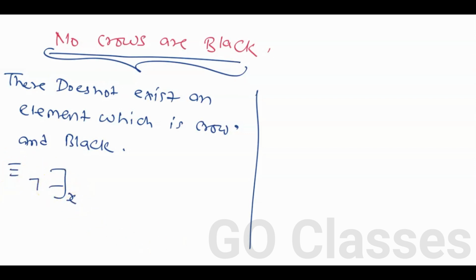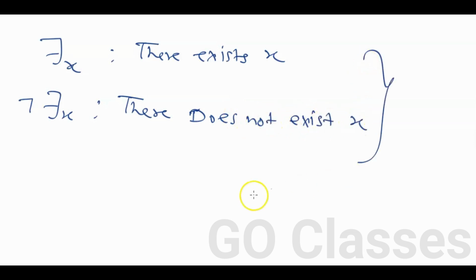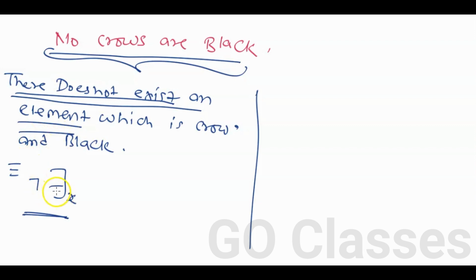So remember, this symbol means there exists X, and this negation means there does not exist X. So I am saying there does not exist an element; this is the negation of existence, which means there is no existence.